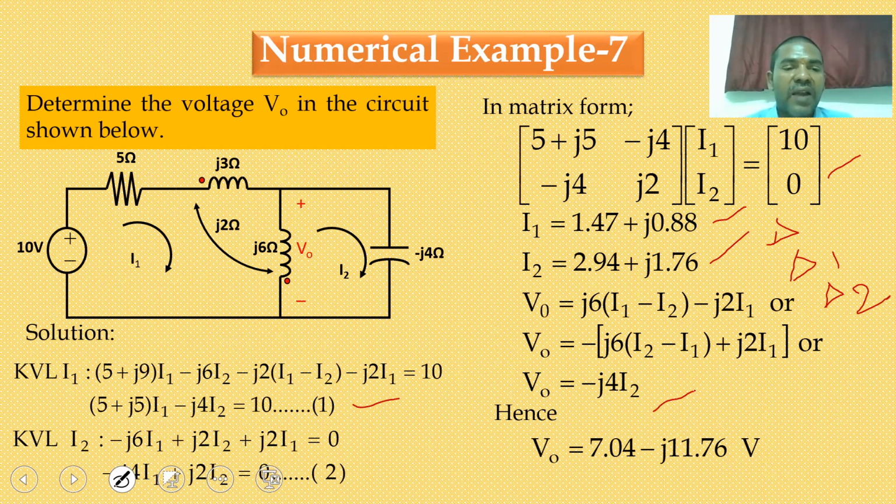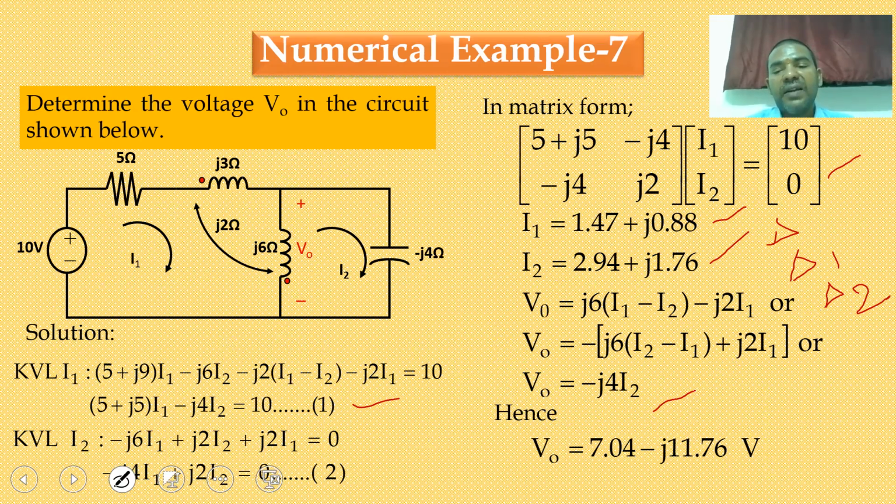So V0 value is the voltage drop across the j6 ohm element. So that is minus 6 into I1 minus I2 and minus j2 times of I1, because they are mutually coupled.